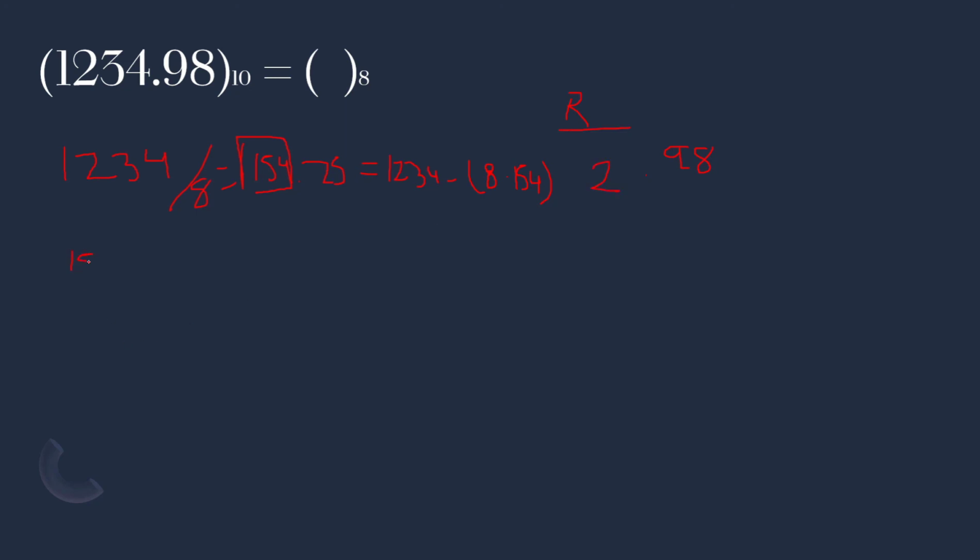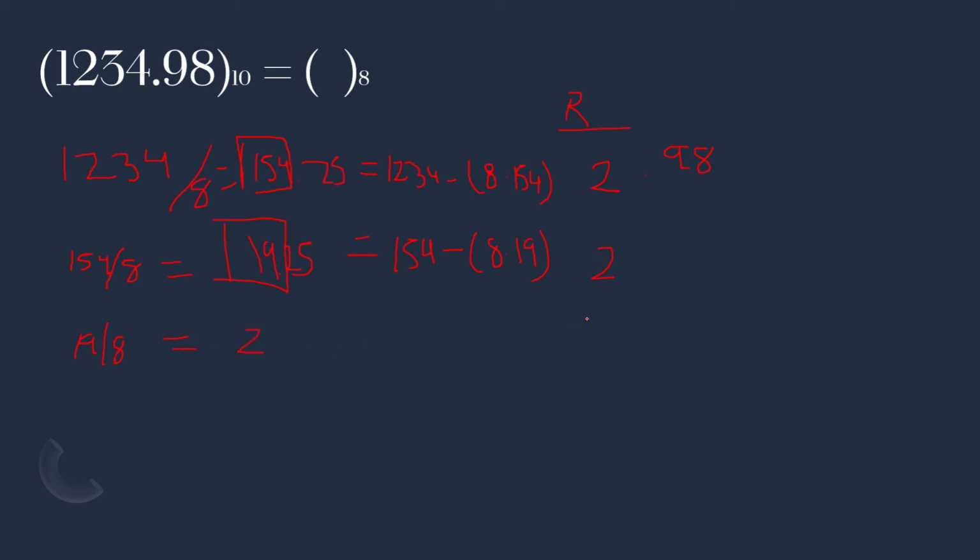Now we bring that 154 divided by 8. It's going to be 19.25. All we care about is the integer part. 154 minus 8 times 19. The remainder is 2. 19 divided by 8 only goes into it twice.